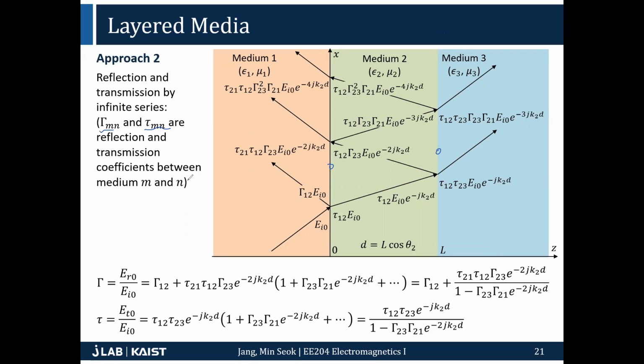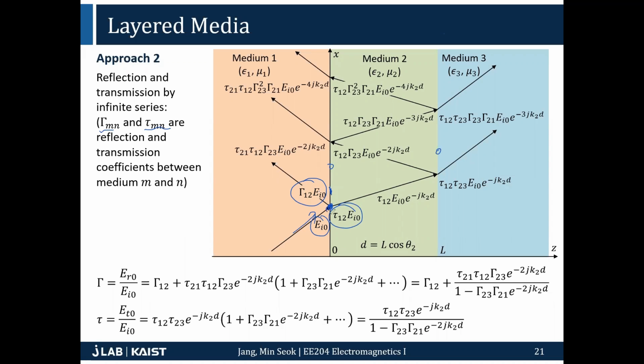And in this case, what we do is we set, at the first interface, E_I naught coming in, and then you obtain E_I naught multiplied by gamma 1,2. Gamma 1,2 is the reflection coefficient of this interface. And then you have tau 1,2, which is the transmission coefficient.